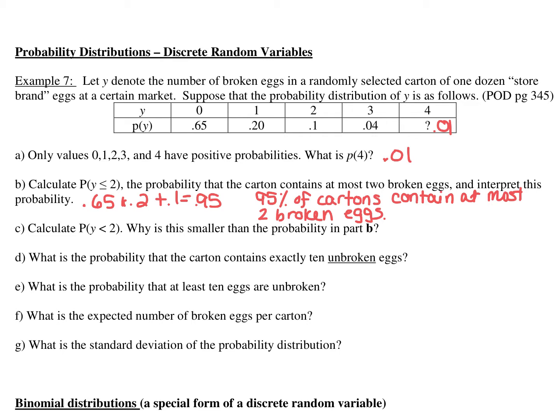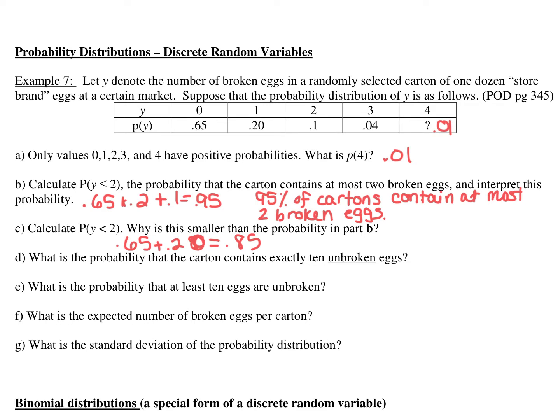Next, we're told to calculate the probability that y is less than 2. Well, that's just 0.65 plus 0.2, which is 0.85. And then it says, why is it smaller than the probability in part B? Well, it's because it doesn't contain the probability that y equals 2. In part D, it says, what is the probability that the carton contains exactly 10 unbroken eggs?